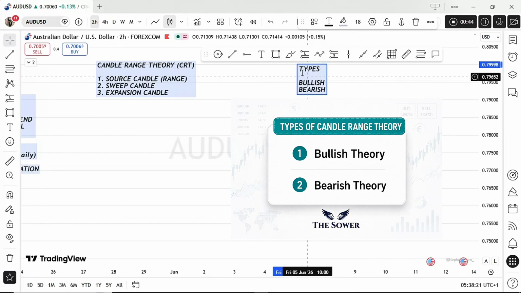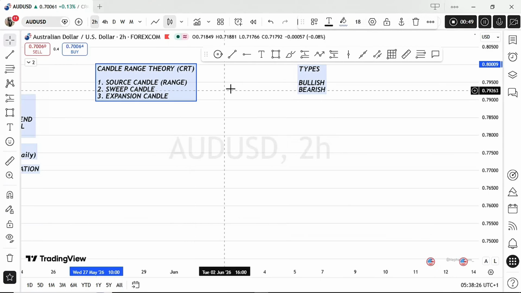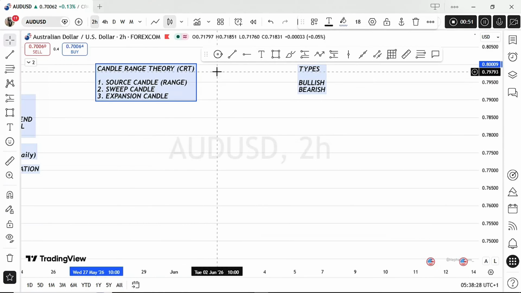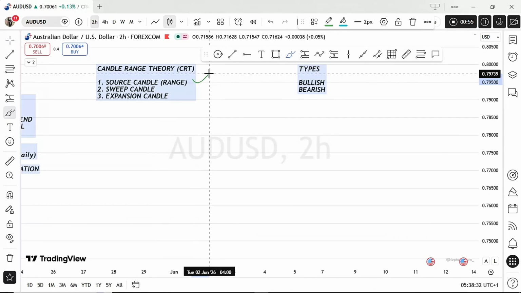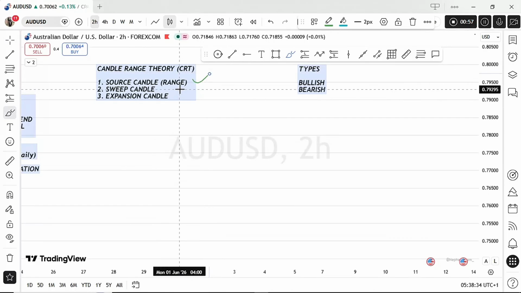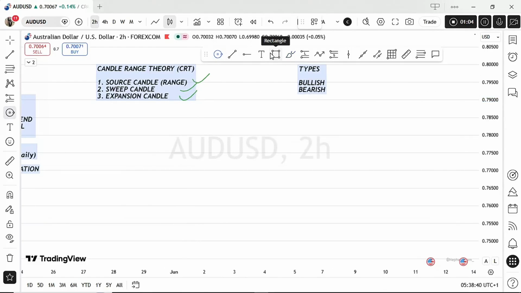It comprises a three-candlestick formation. We have the source candle, the sweep candle, and the expansion candle, right?